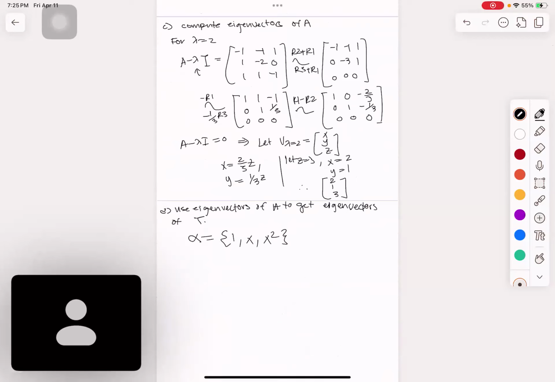We just want to write it in the polynomial form. So the eigenvector of T would be 2 plus x plus 3x squared. And this is our only eigenvector.